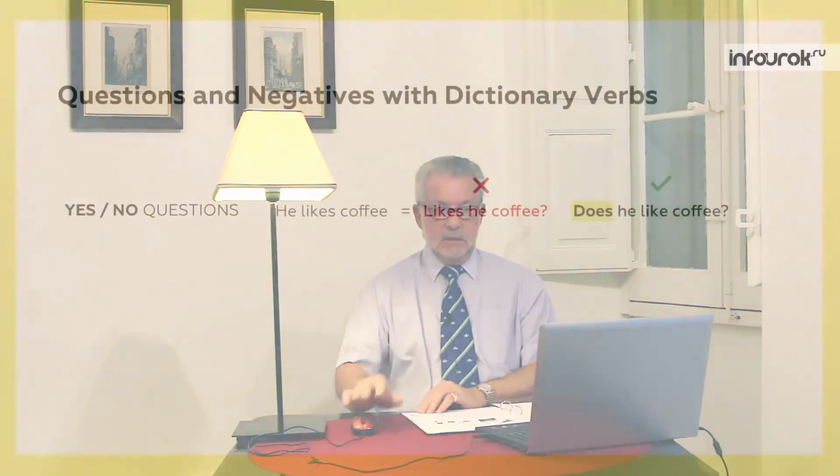Or I am not teaching. So I don't need to use the do. But in the sentence I teach or she teaches, we need to use the do. And our sentence becomes, does she teach? Does he teach? And she doesn't teach or he doesn't teach.